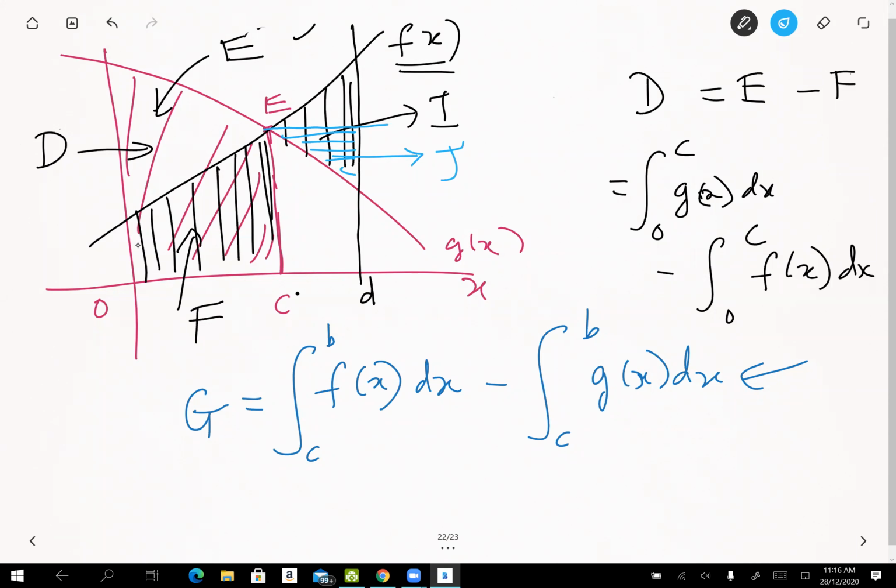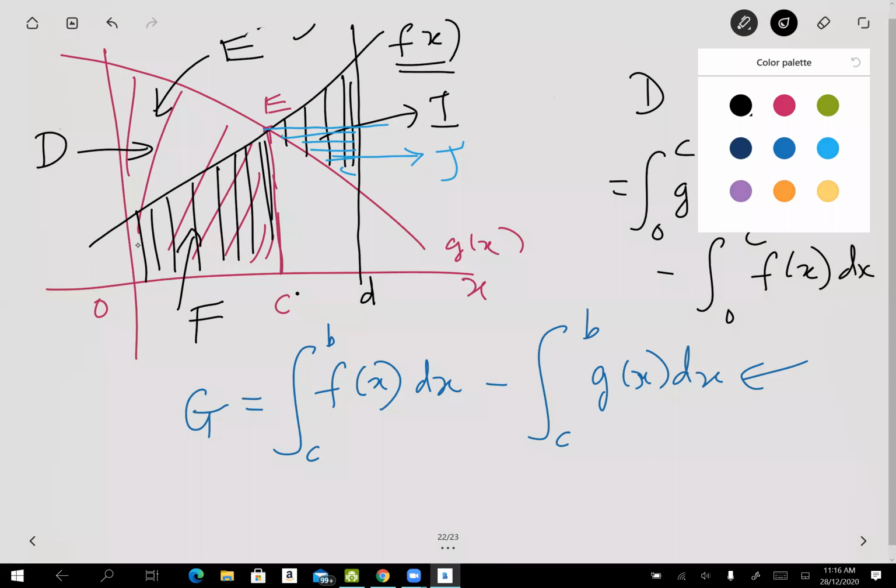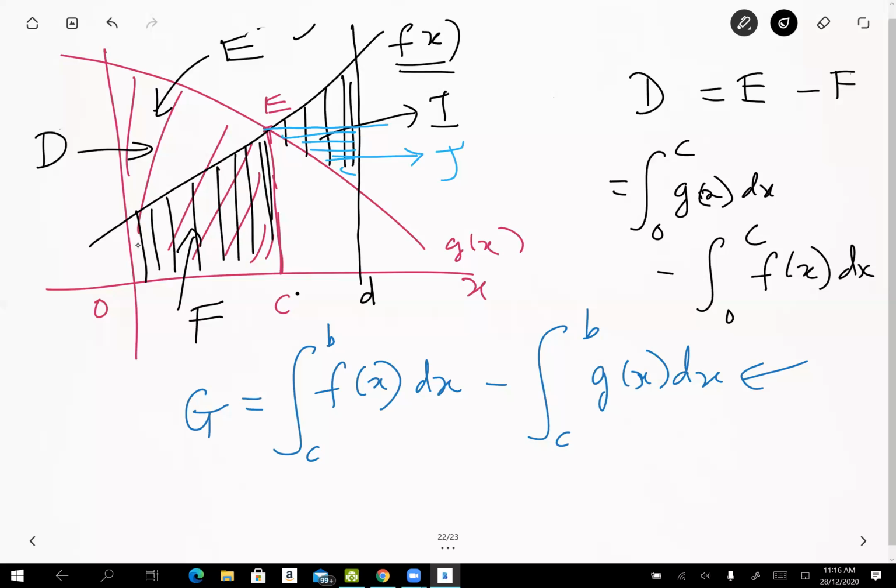Okay, you don't want that area. You only want that part bawah ni. If you need the area from C to D of f of x, that will be the bigger area. But you don't want that portion under F. Okay, so it will be more difficult.